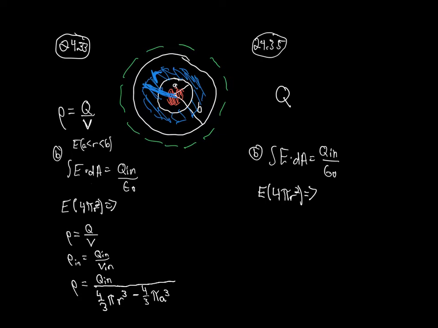So then I can multiply this over to be next to my rho. I need to get my charge in terms of rho because I was given the charge in terms of rho. So Q in is equal to rho times 4/3 pi little r cubed minus 4/3 pi times little a cubed.